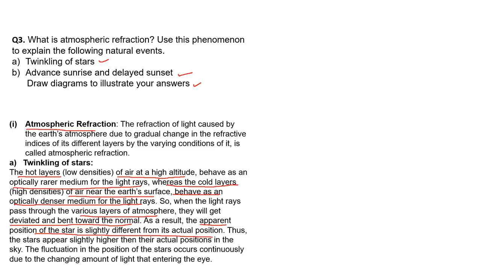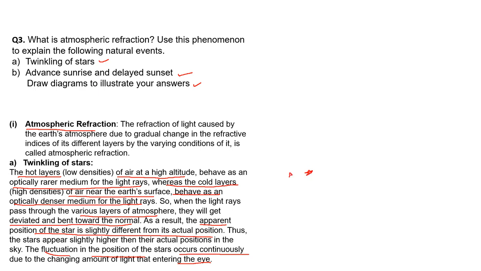And due to this, the fluctuation in the position of the stars occurs continuously due to the changing amount of light entering the eyes, right? So this is how the star twinkles, because the position is not fixed. Let's take this as the original position of the star.